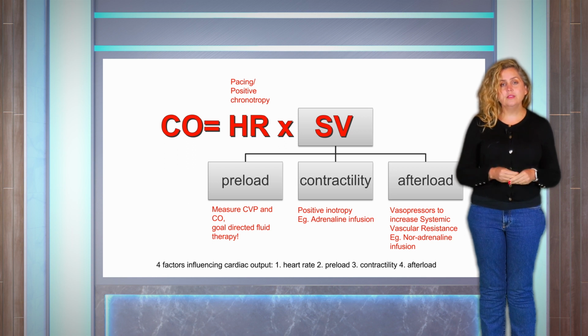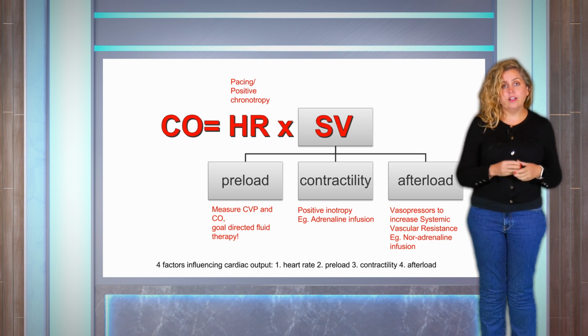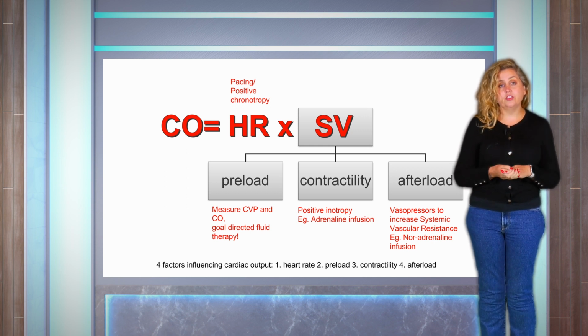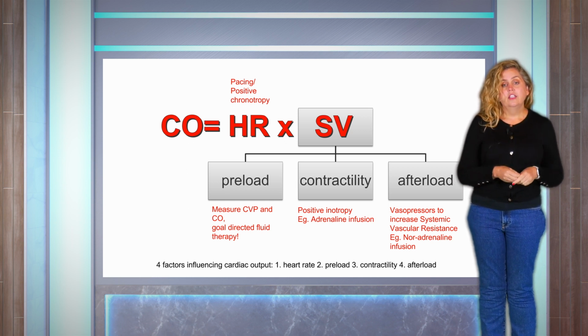On the stroke volume side, if we have an issue with our preload, and in all these instances I'm talking about a decrease in all of these things, if we have too little preload, we could measure our CVP and our cardiac output monitoring, and then use goal-directed fluid therapy to replace that fluid and ensure that our preload is adequate. That's how we manage preload.